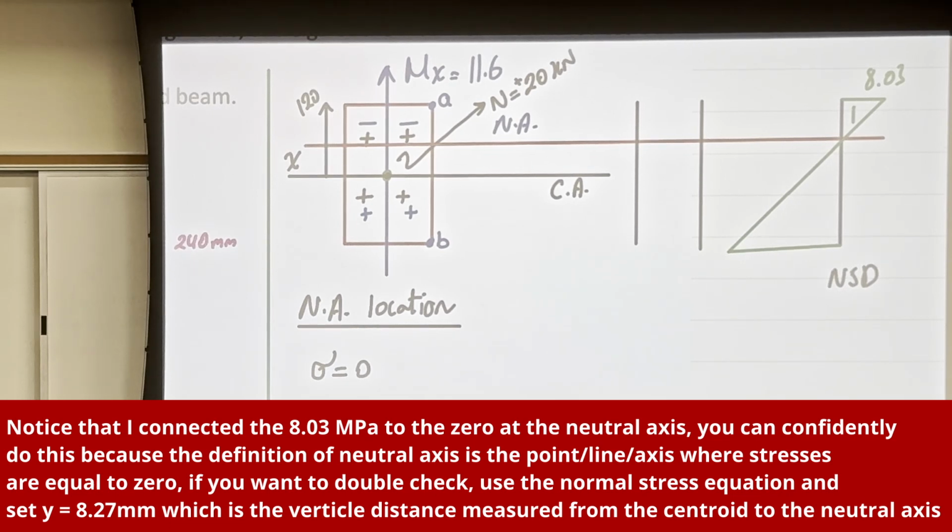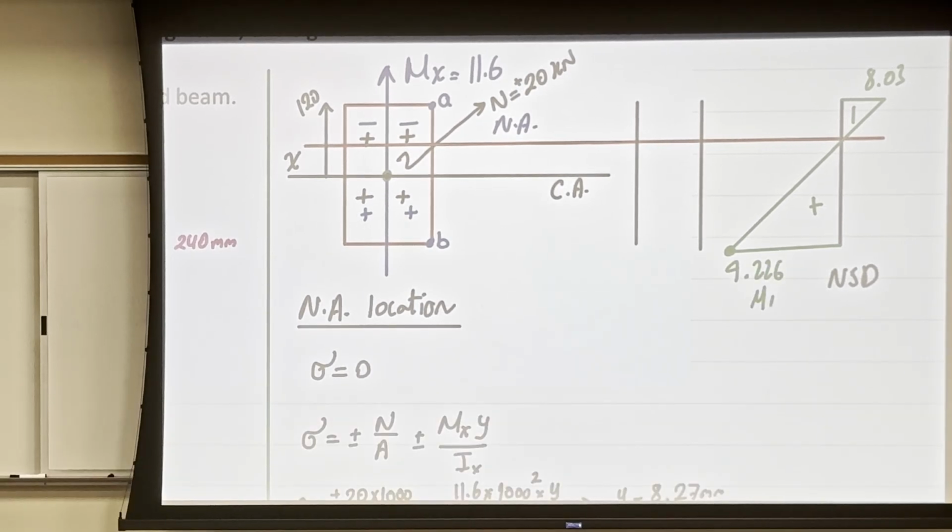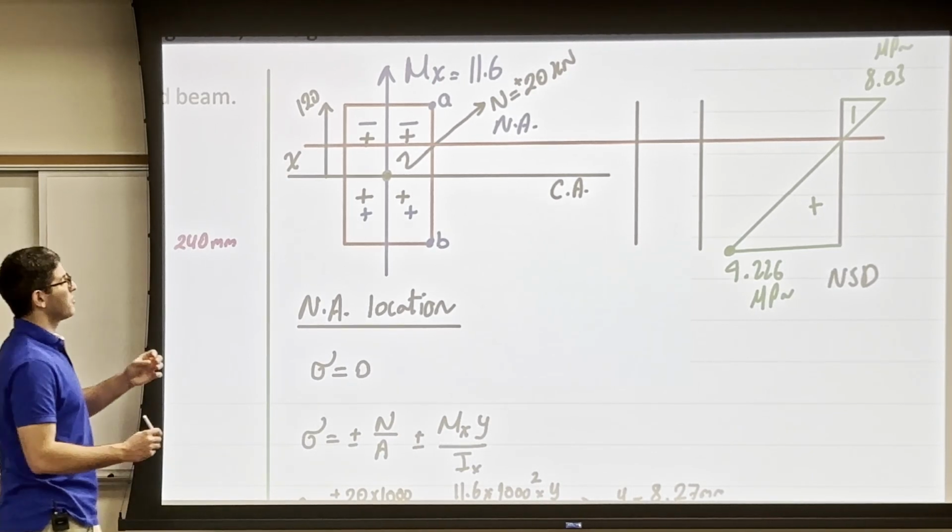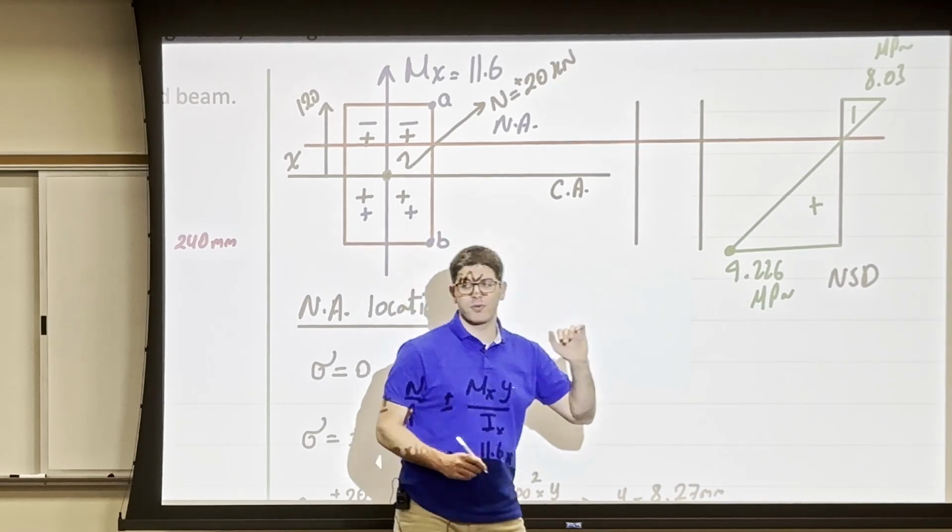So I have a negative here, and I do have a positive, because the lower part, which is stress at B, I do have 9.226 megapascal. And this is the final normal stress distribution in that problem.